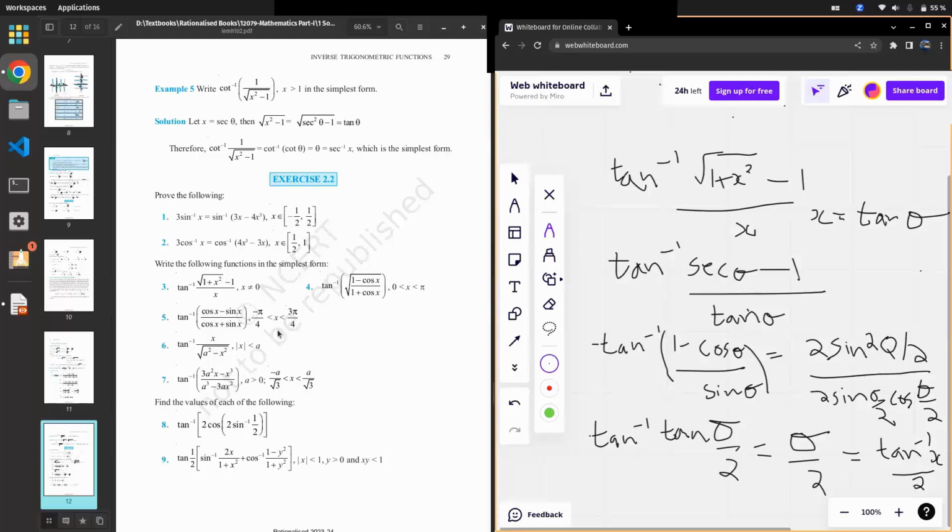So we move to the next problem, which is tan inverse of root of (1 minus cos x) by (1 plus cos x). First we will simplify the inside term, which is root of (1 minus cos x) by (1 plus cos x).